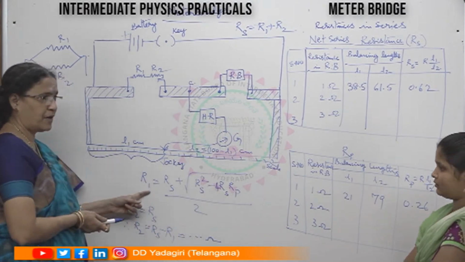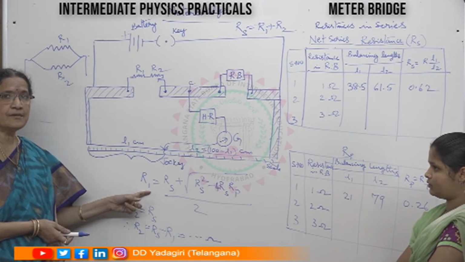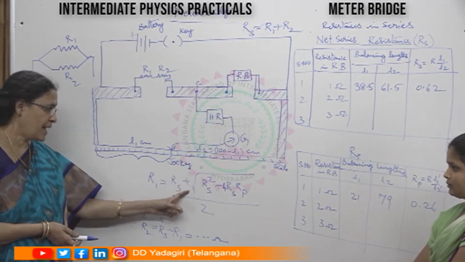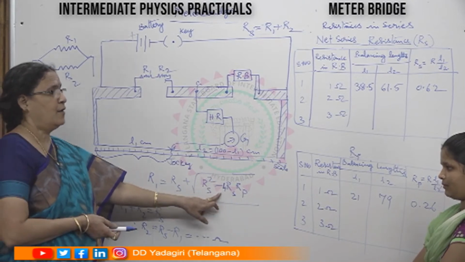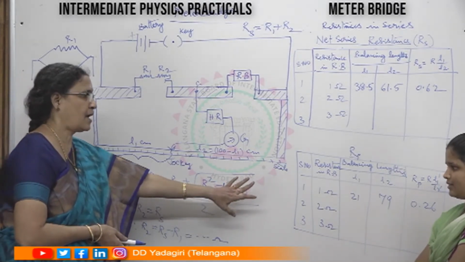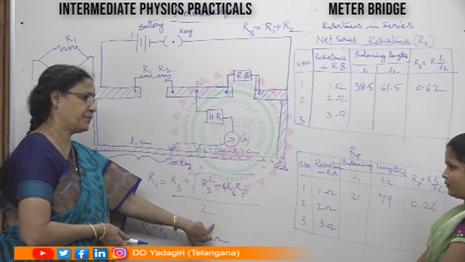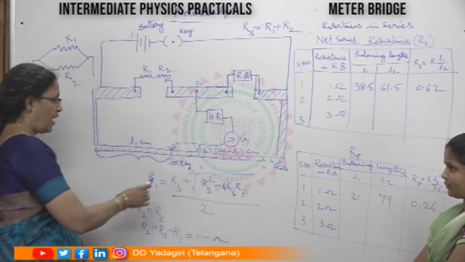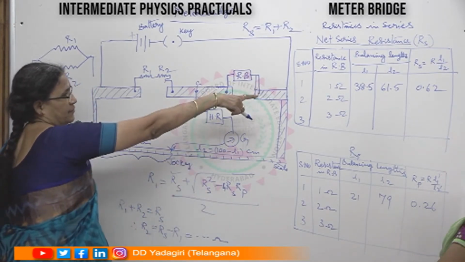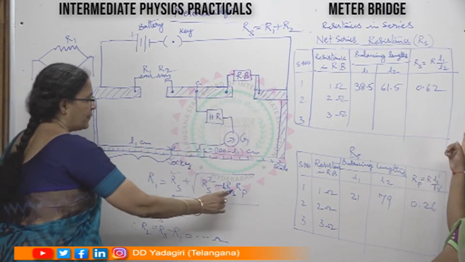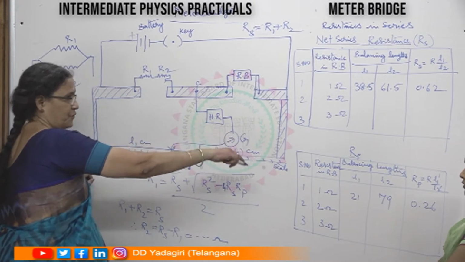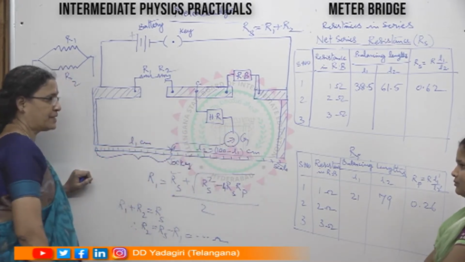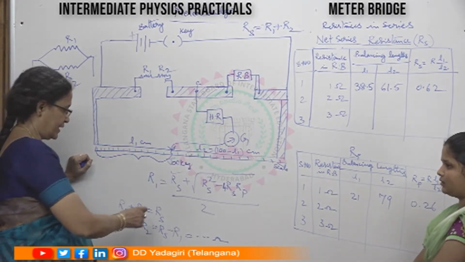So this is the formula for R1. R1 is equal to RS plus square root of RS square minus 4 RS RP, by 2. Use this formula. RS is in the first tabular form. RP is in the second tabular form. Take the average of those: add the 3, divide by 3, and you take that value.